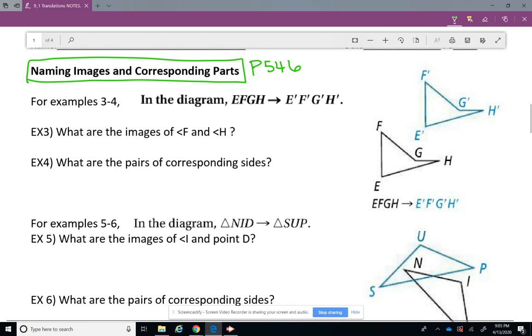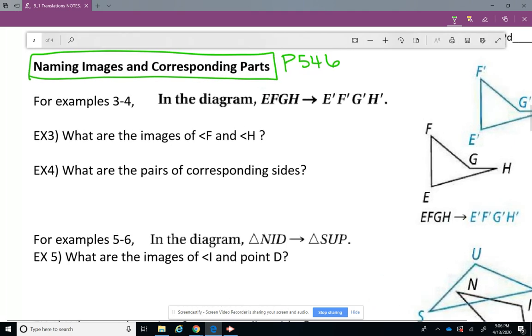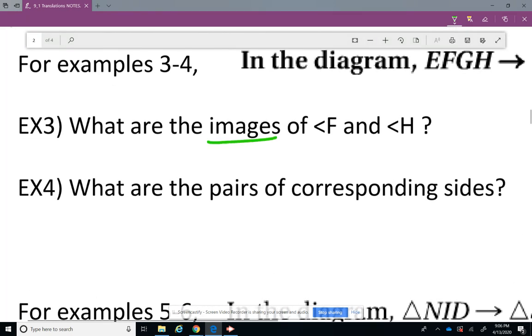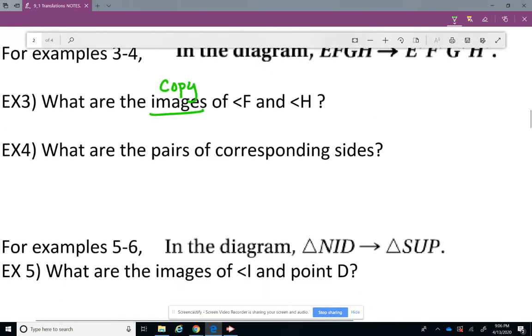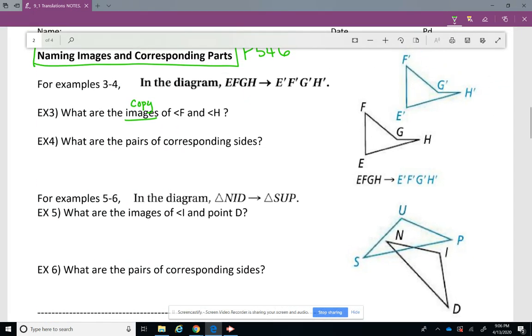So what we want to know, E prime, F prime, G prime, and H prime, that's a copy of the original. Remember, the original is called a pre-image, and a copy of the original is called an image. So right here, when it asks us what are the images, we're looking for the copy. We're not looking for the original.